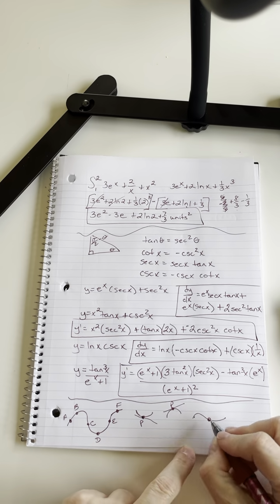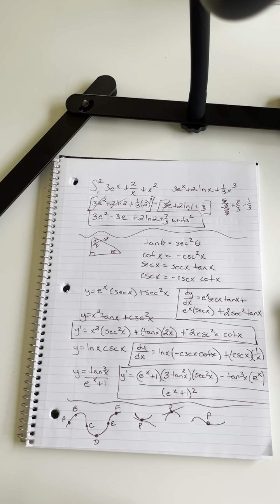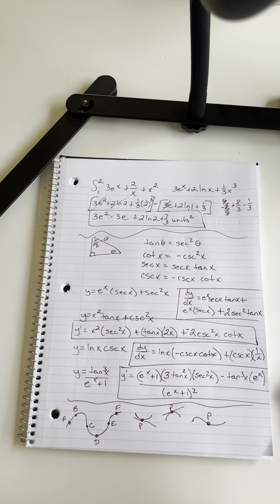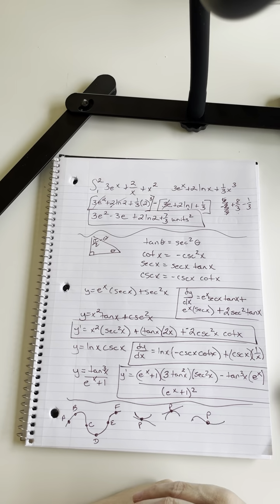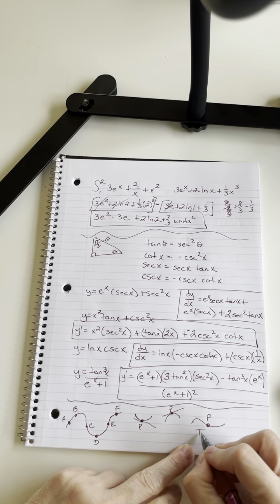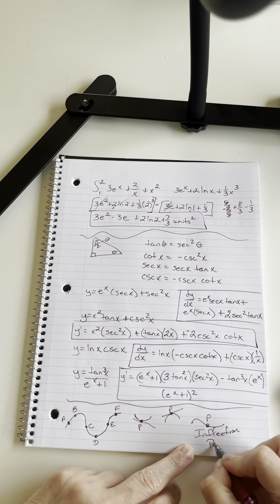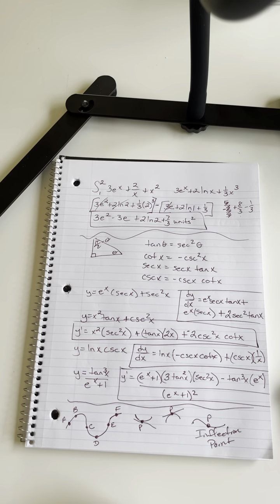And so, point P, label it. Thus, the curve moves up and away, concave upward on one side, and up and away, concave downward on the other side. We call this one an inflection point because two different things are happening. One concave up, one concave down.